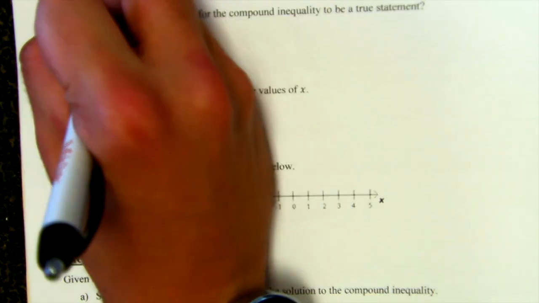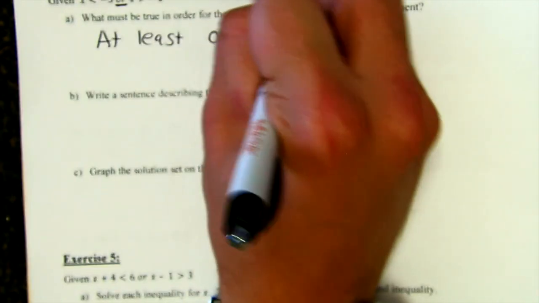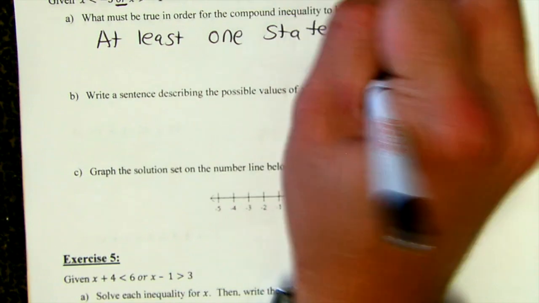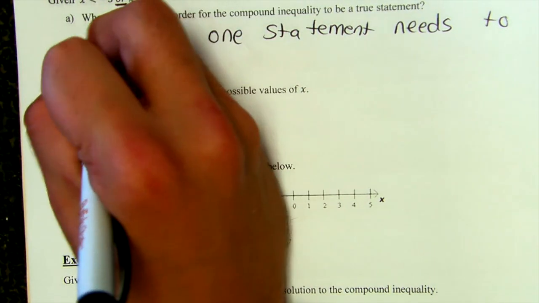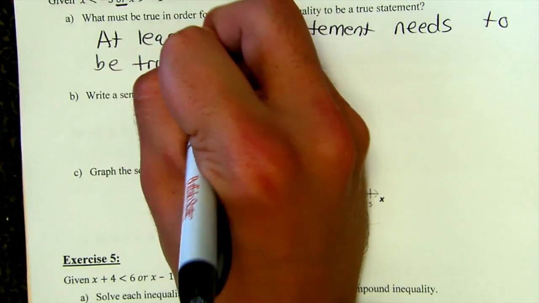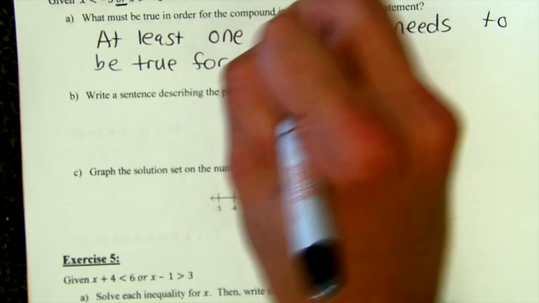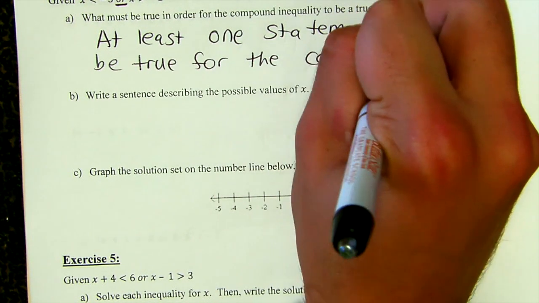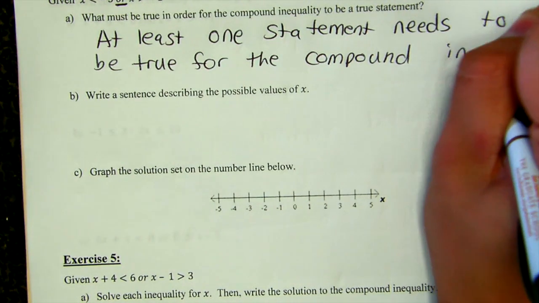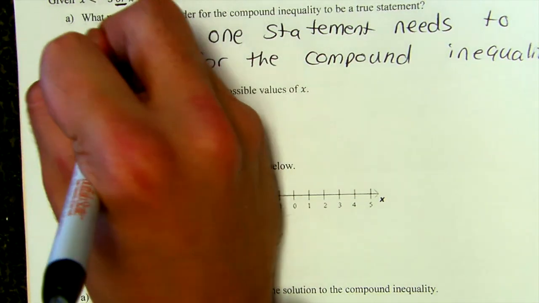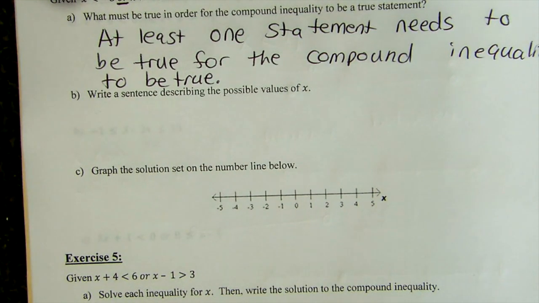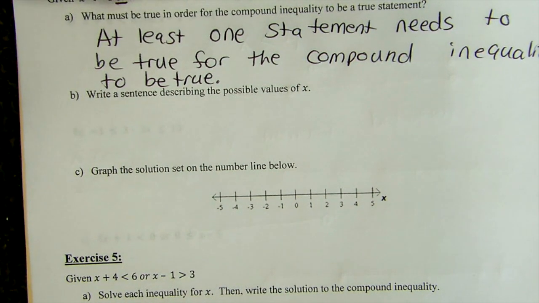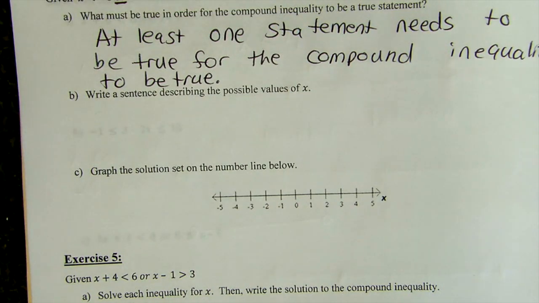We can say at least one statement needs to be true for the compound inequality to be true. So in this case, x has to be either less than -3 or x has to be greater than -1 for this whole compound inequality to be true.